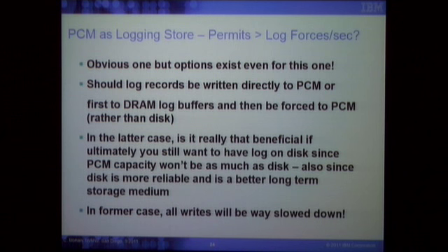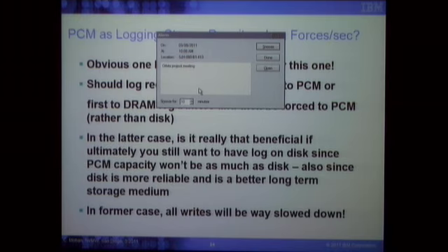So under those conditions, you really have to compare L1 write speed versus PCM write speed. And that's even worse than the normal comparison that people make between DRAM write versus PCM write.